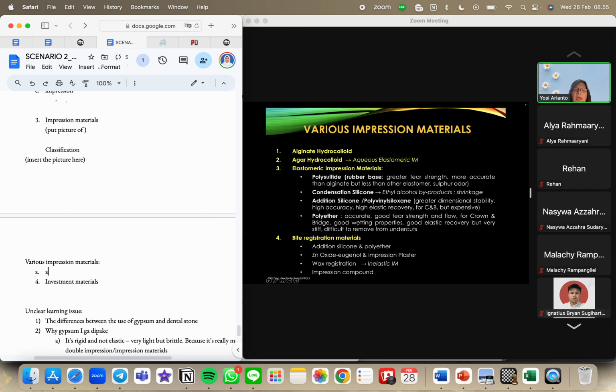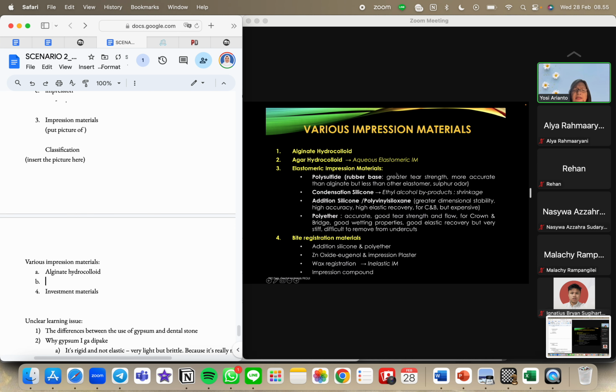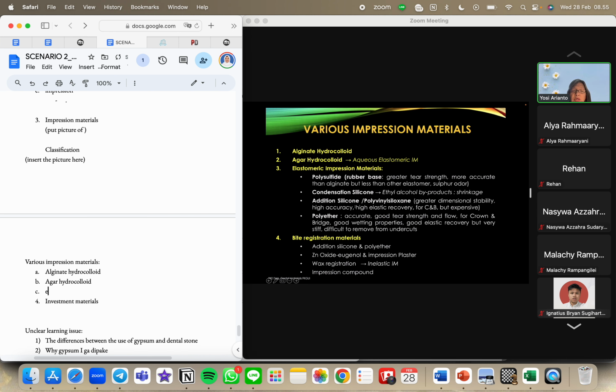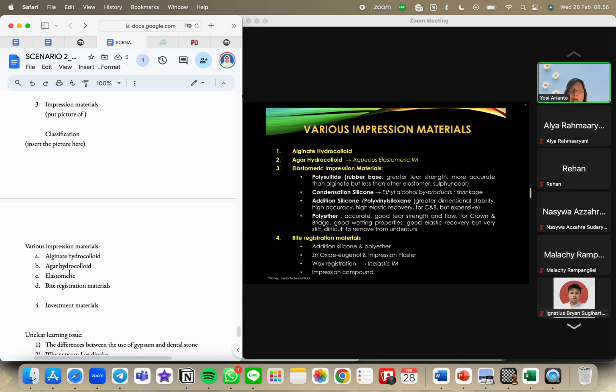And the elastomeric impression material is more like the elastic. You have polysulfide, condensation silicone, addition silicone or PVS, and polyether. You can read it after this, so that you won't forget.